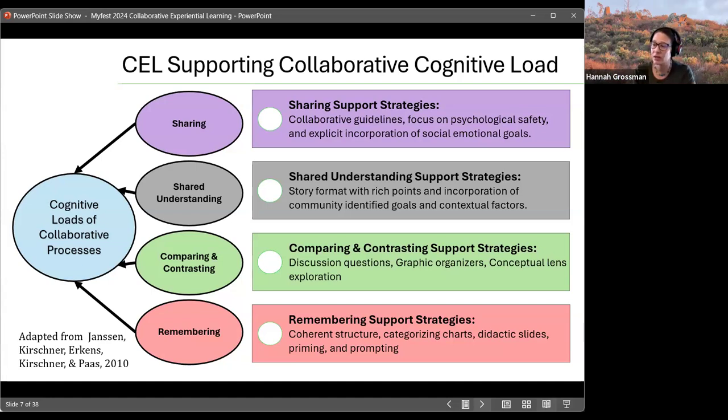Everyone knows what they're comparing, what they're looking at. Everyone understands what you're trying to do. So in our curriculum, we use a storytelling format to build a strong shared understanding.